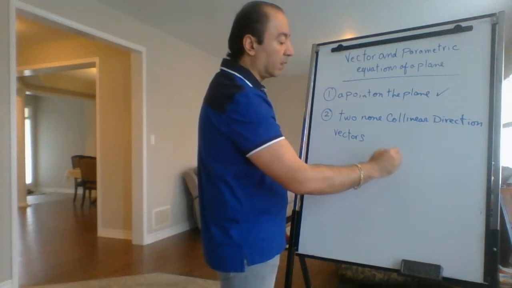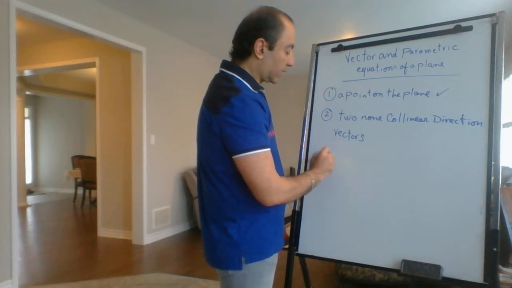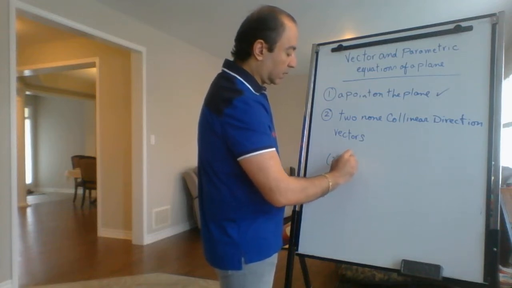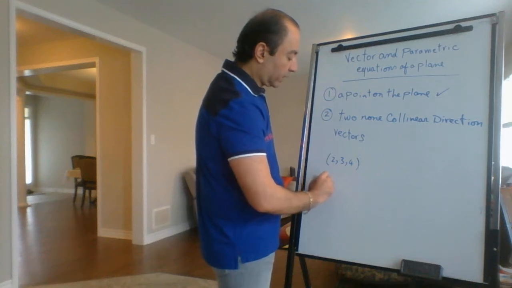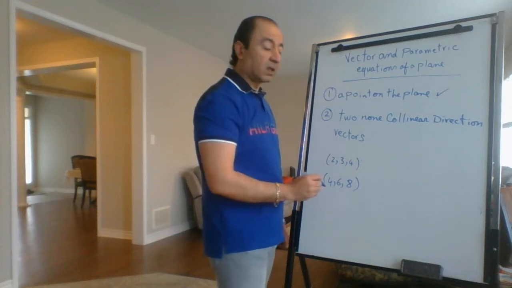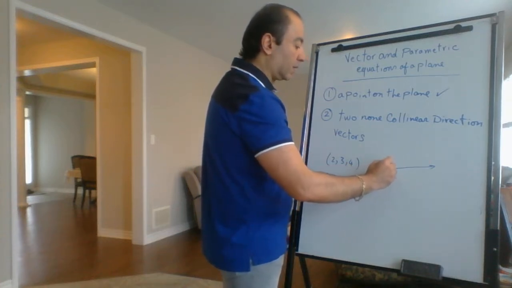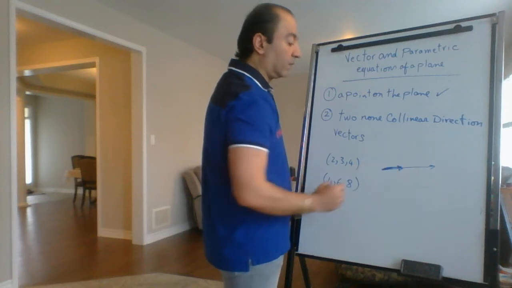What do I mean by non-collinear vectors? I cannot say that these are 2 direction vectors, because they are scalar multiples. So at the end of the day, those are the same vectors.